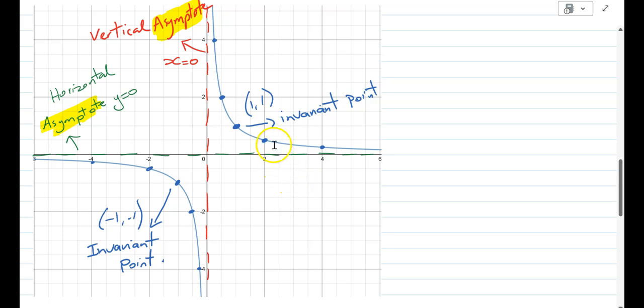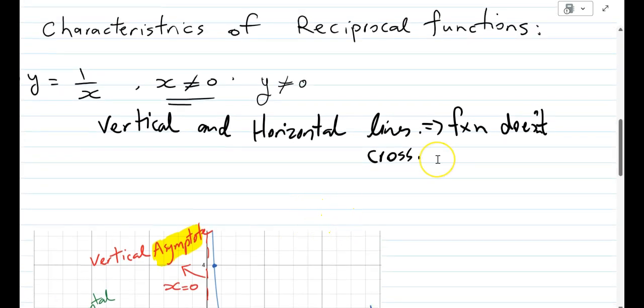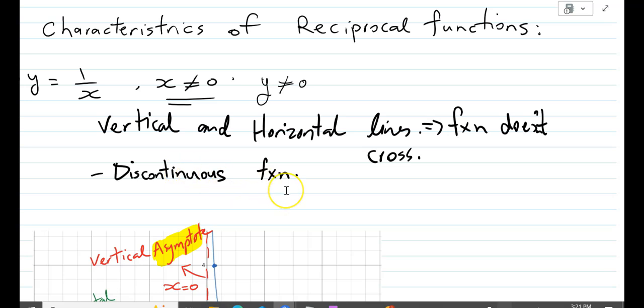All right, now remember the invariant points. These are the invariant points, (1, 1) and (-1, -1), because they don't change. All right, so it is a curvature. It is also, by definition, a discontinuous function. Sometimes, for the most part, it is, but there are exceptions, by the way. I have to make sure, okay?